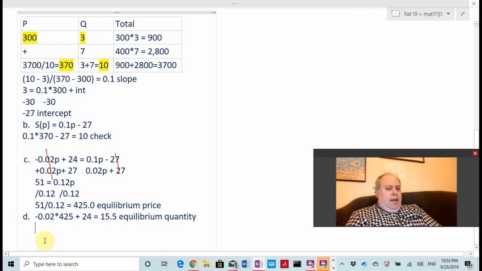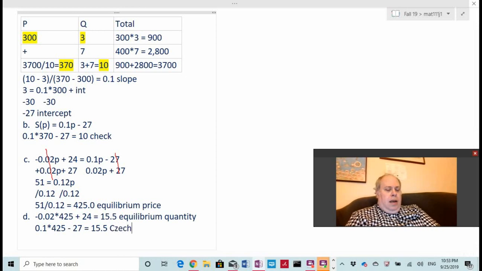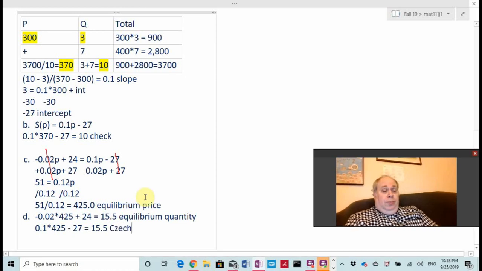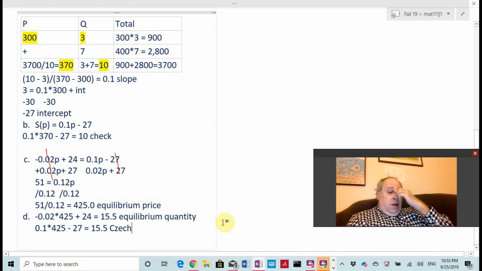So on average, they'll sell 15.5. Now, I'm going to plug in 425 into the supply formula, and if we're lucky, it comes out, and that is a big check. And that's the answer to the quiz.